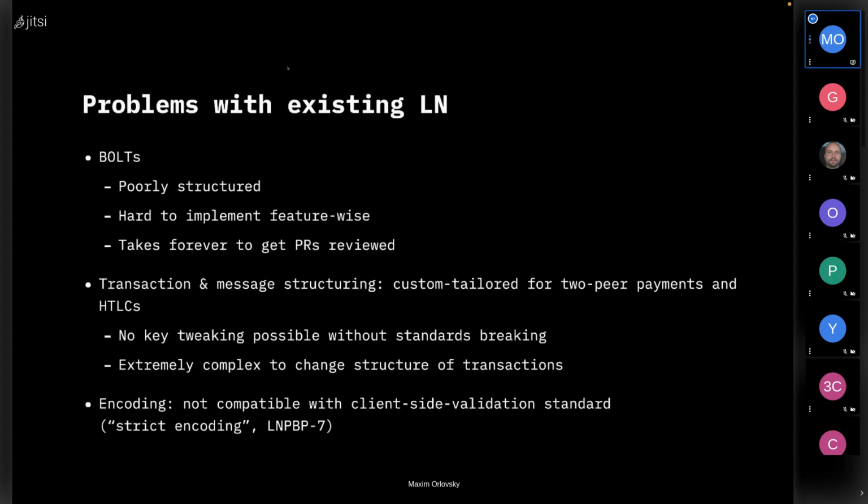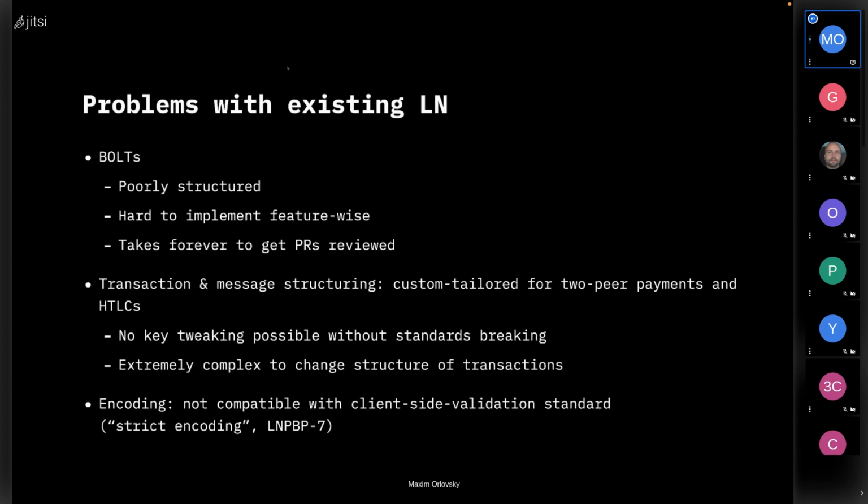And the moment you try to add additional non-payment specific operations, or even payment operations which do not fit well into HTLC and the existing channel transaction structure, it is really hard or nearly impossible to do that.